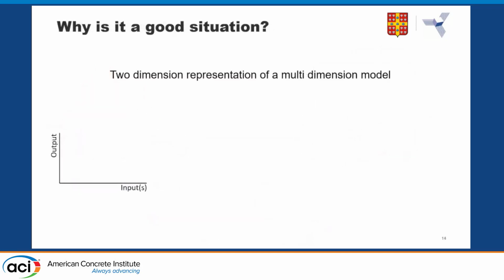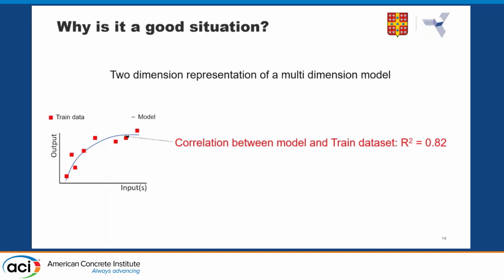So again, for the sake of clarity, we're going to transform our multi-input model to a very classic two-dimensional representation. You see it on the left. We got input as x-axis, output as y-axis. Let's put the train data on it. Now that we got our train data, we can train our model, and based on those two things, we can calculate our correlation coefficient on the train data set.